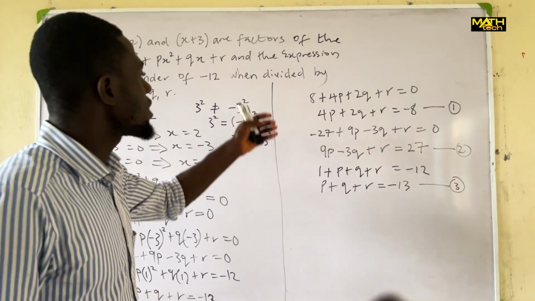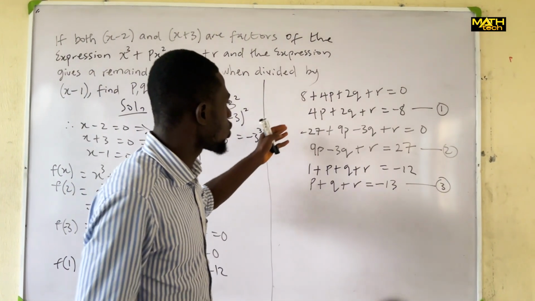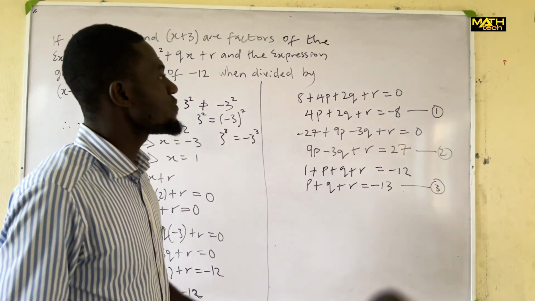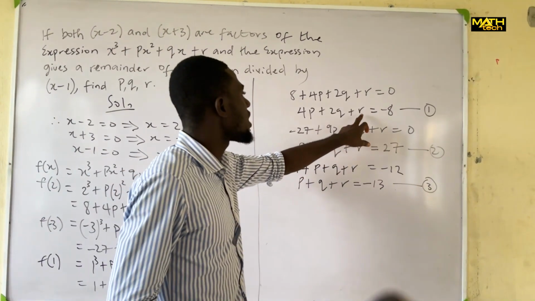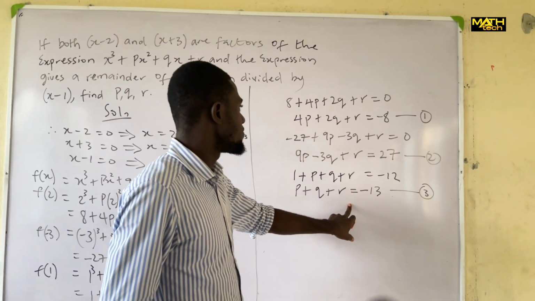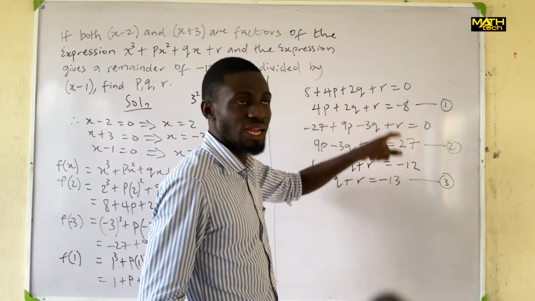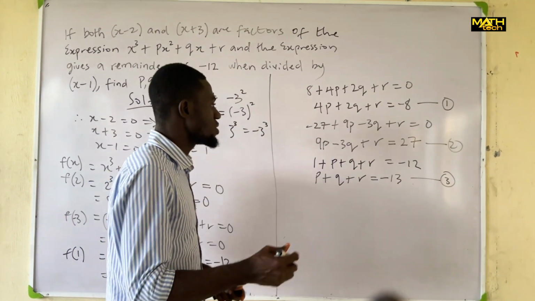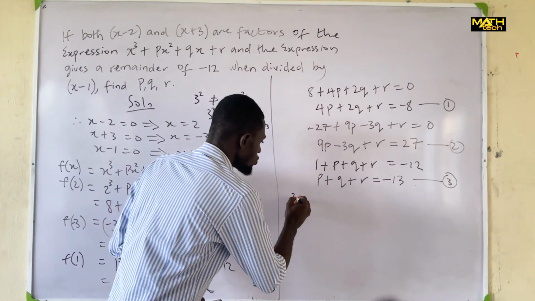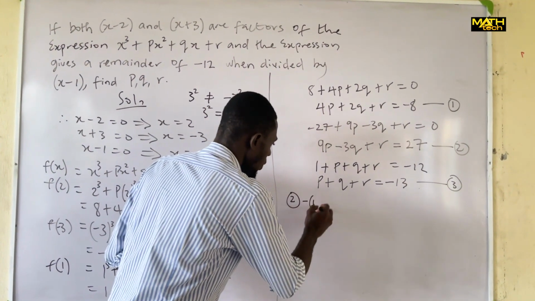But firstly, looking at the three equations, equation 1, equation 2, and equation 3. Now we find a similarity. We find r here, and r here. And these are common, having coefficient of 1, 1, and 1. So let's go with this. Let's start with equation 2 minus equation 1.